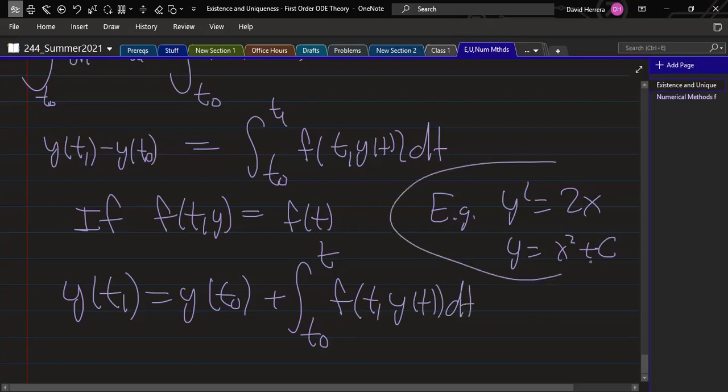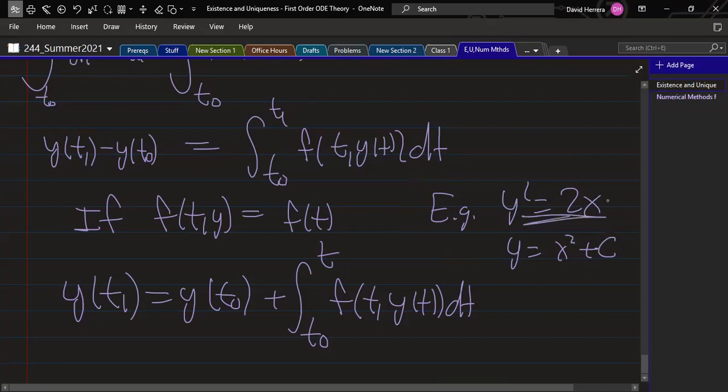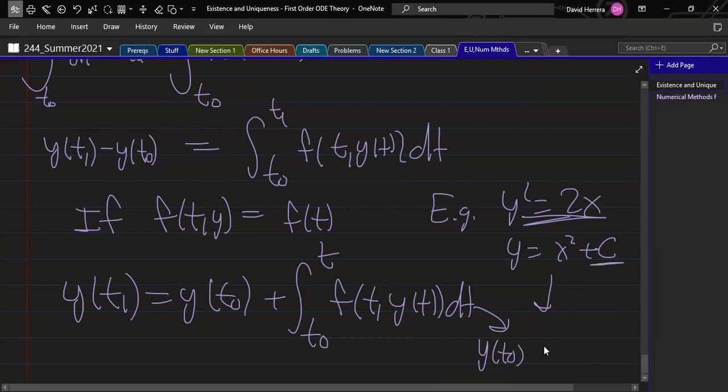And if you're in this case where it doesn't depend on y, there's no mention of y in this differential equation, then you could write it like this: y of t0 plus the integral from t0 to t1, I apologize, t1, of f, which is just 2x dx, or 2t dt, because I want to at least be somewhat consistent.